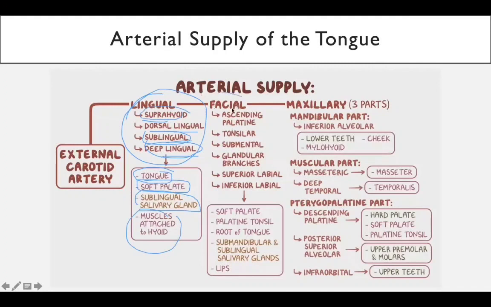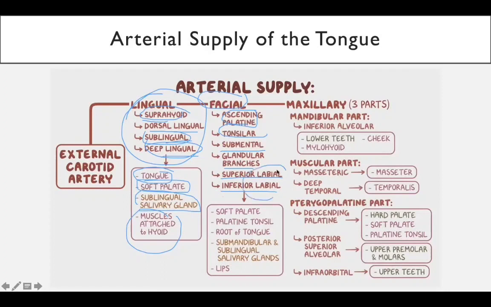Next we go to the facial artery. The facial is towards the face, but we are focused towards the tongue. So there will be palatine, there will be tonsillar, submental, glandular. Especially here also there were sublingual glands, sublingual salivary glands, so this one also has a glandular branch. Superior labial, inferior labial.